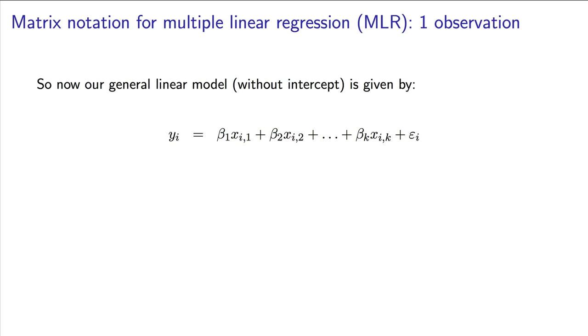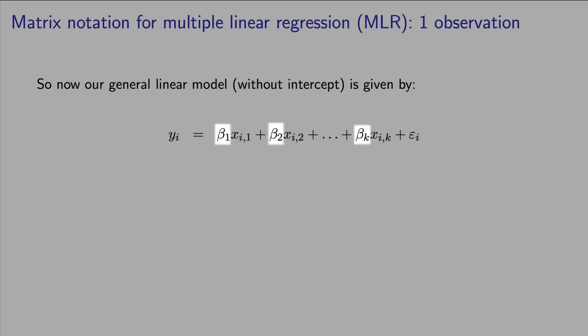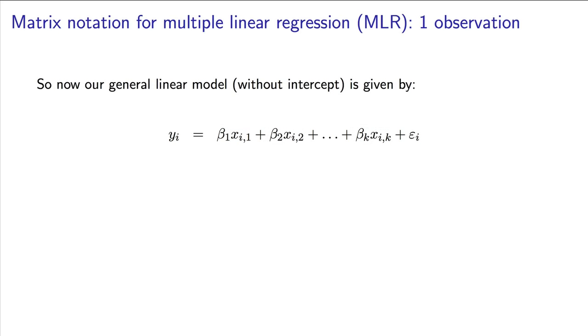So now we have a model without an intercept, but we have k parameters, beta 1, beta 2, up to beta k, and each of them are multiplied by their corresponding x variable. Right at the end we have an error, epsilon i, and all of that is added up in a linear combination to give you a value of yi. We can express this observation as a linear combination in vector form.